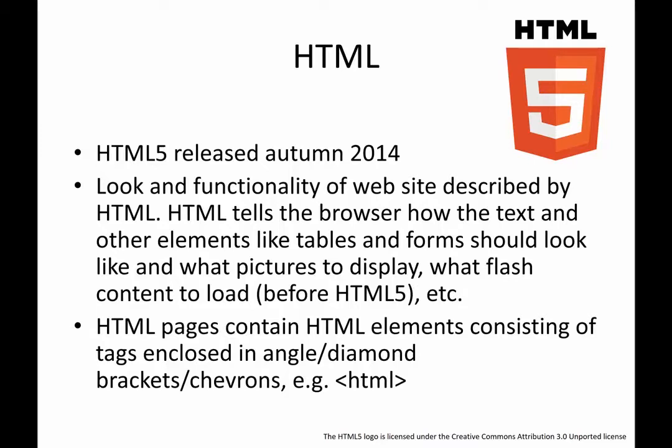So people started drawing borders around things, and the borders were supposed to have little shadows and so on. And we just had this messy situation where you had to program it in different ways for different web browsers. That got better over time, and these days most web browsers use the same kind of core engine to render a web page.